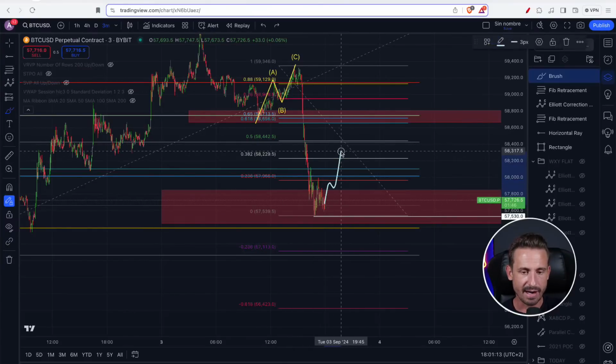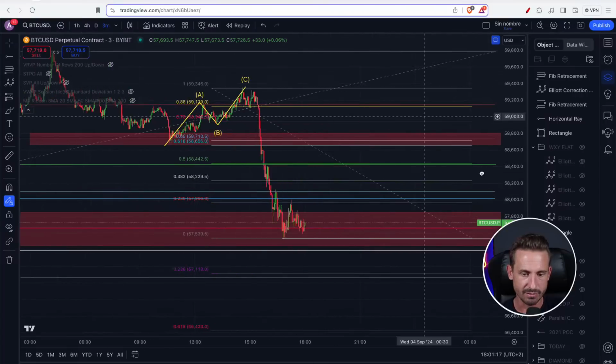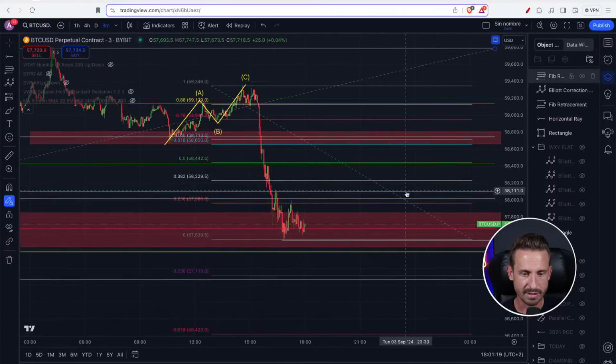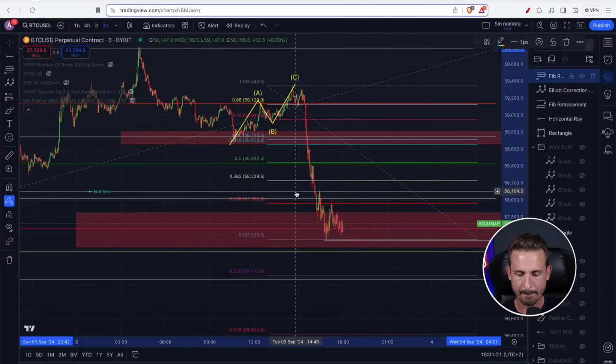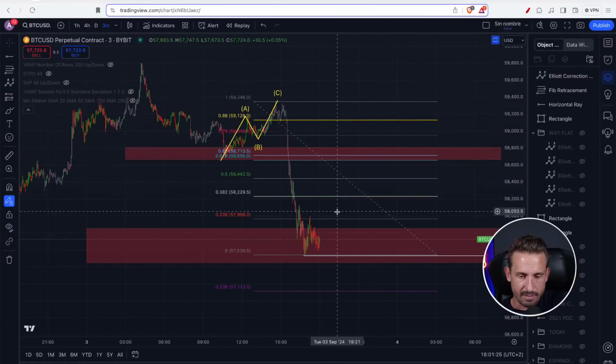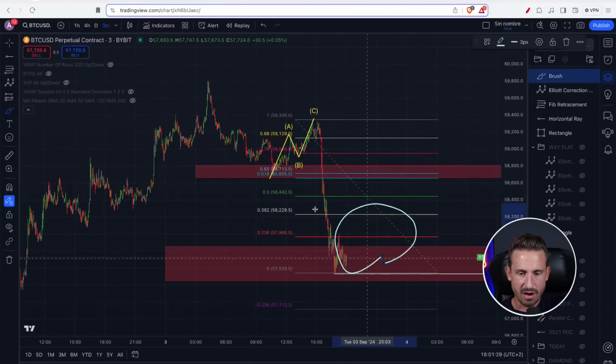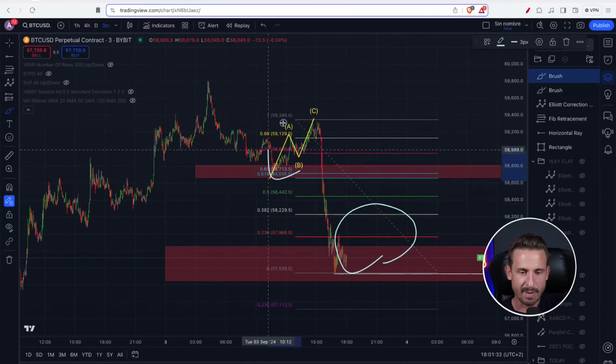If we were to get a leg here to the upside, now is where we obviously need to look at the possibilities of this being larger. Usually wave 4s are larger in time compared to wave 2.